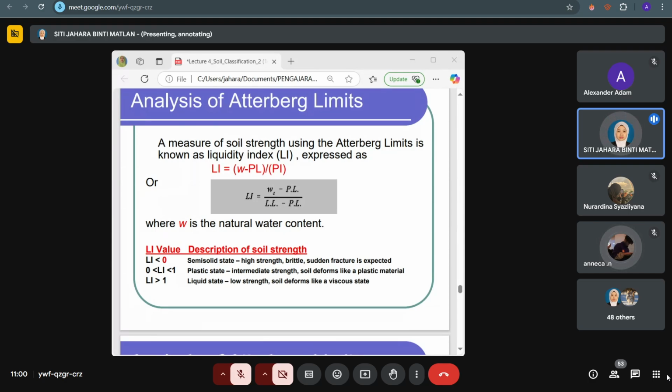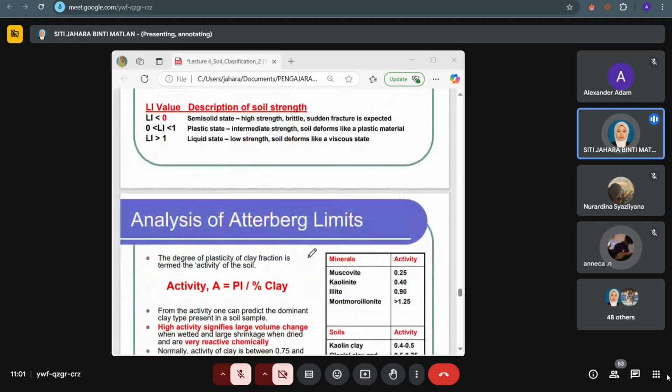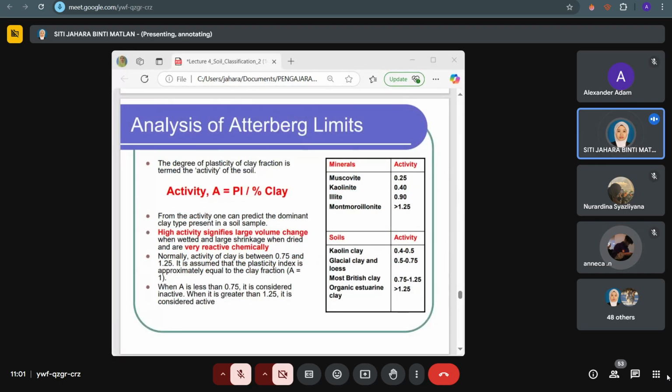Then LI more than 1 is in liquid state, describing low strength, and the soil deforms like a viscous fluid. So the value of LI can be used to interpret the strength or the behavior of the soil in terms of strength. This is the use of the LI value.